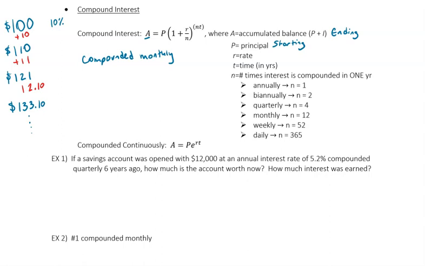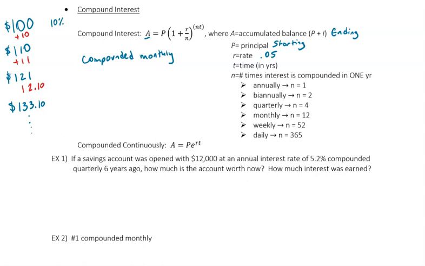R is your rate. So if, for example, it is 5% interest, then R would be 0.05. I say 0.05 because for these formulas, you need R to be a decimal. It cannot be a percentage. So whatever percent you're given, just make sure that you change it into a decimal before you start trying to plug it into the formula.